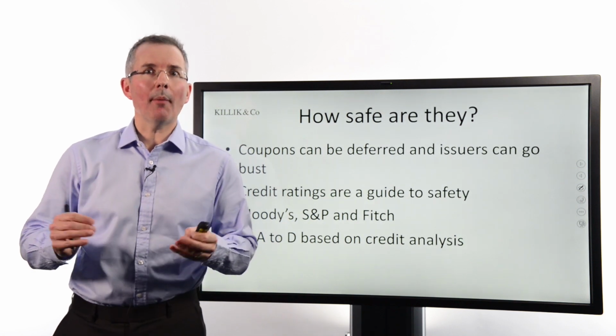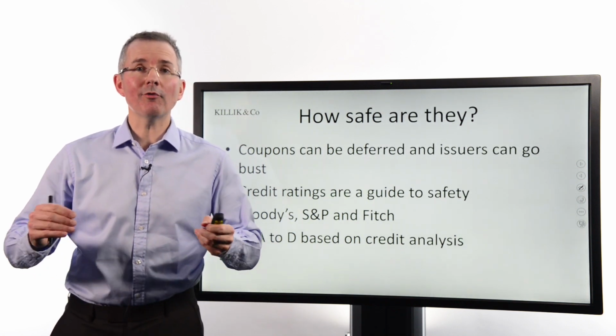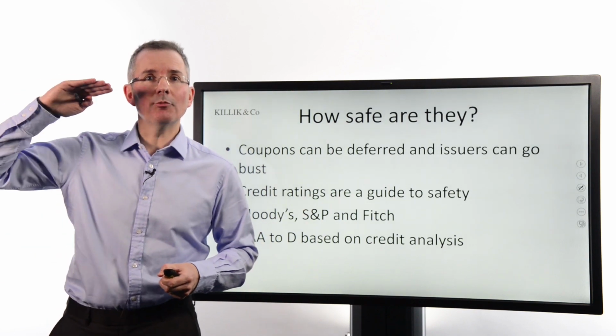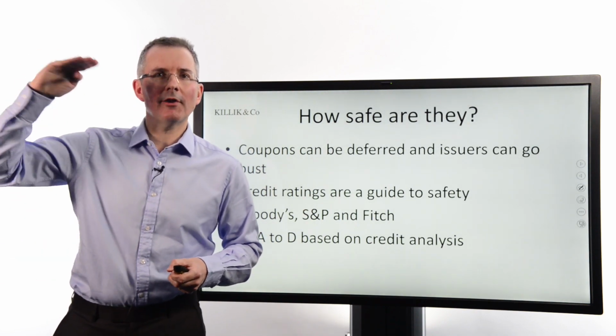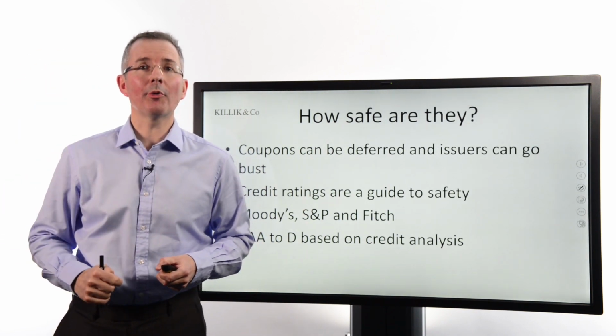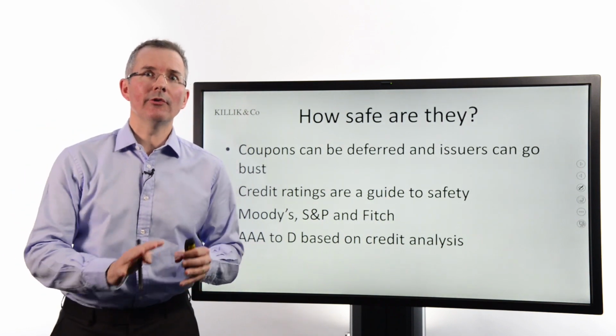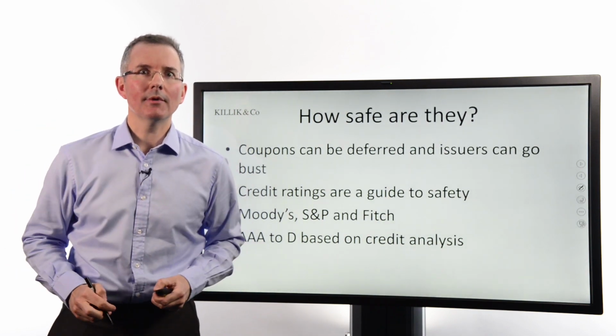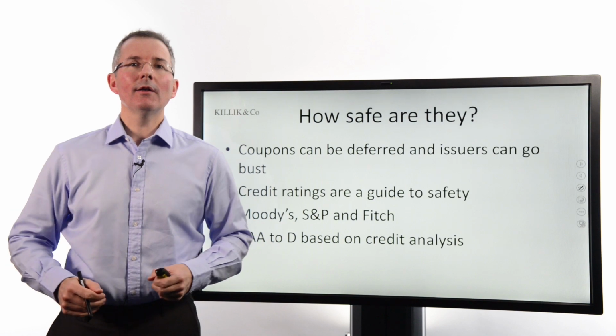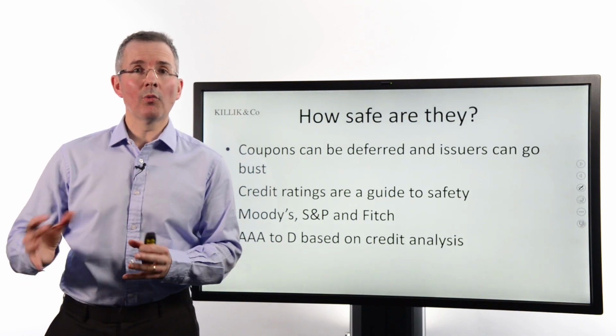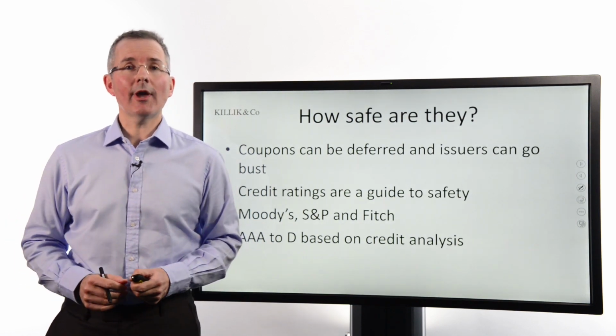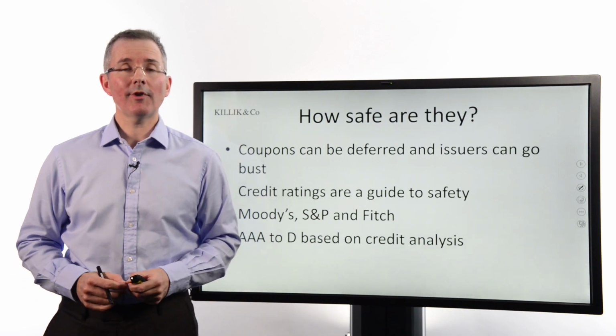So you can look up a sort of safety rating for a typical fixed income security, anywhere from AAA, that's usually very safe governments, very high quality corporate issuers, all the way down to D, which is don't touch, danger, if you like. And that sums up our brief tour of the rewards and risks associated with buying and holding fixed income securities.